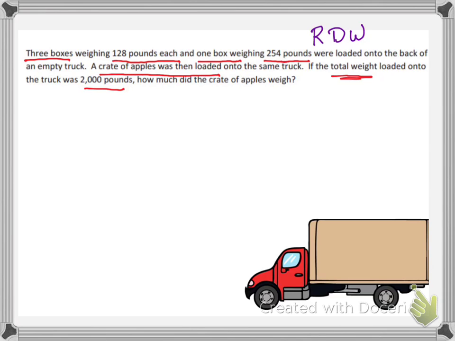of 2,000 pounds. All right, so now that we did the read part, let's do the draw part, and let's make a tape diagram. 3 boxes weighing 128 pounds each. Right there is showing us that multiplication. So let's draw 3 boxes. 1, 2, 3, and that's 128 pounds in there.